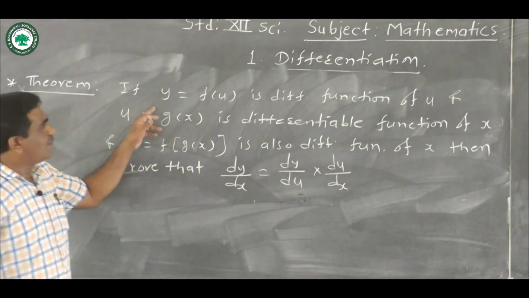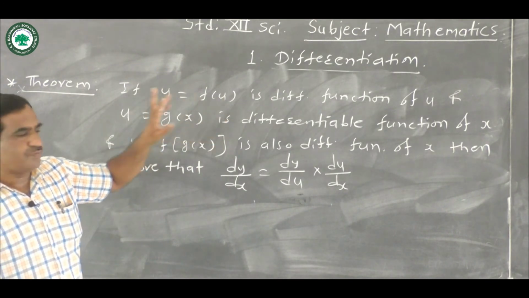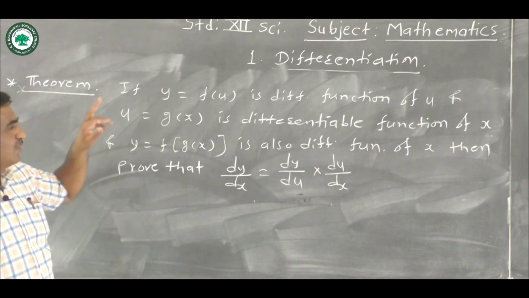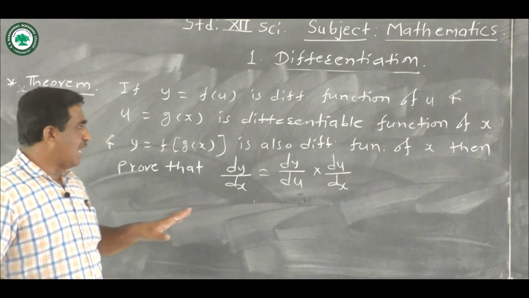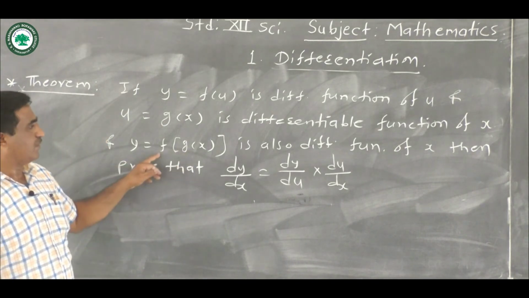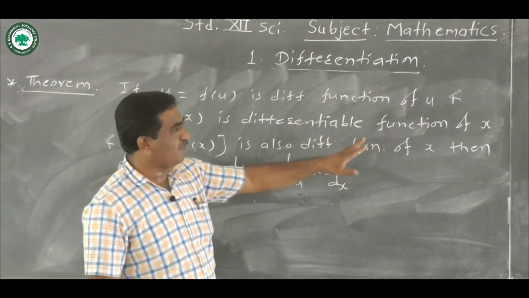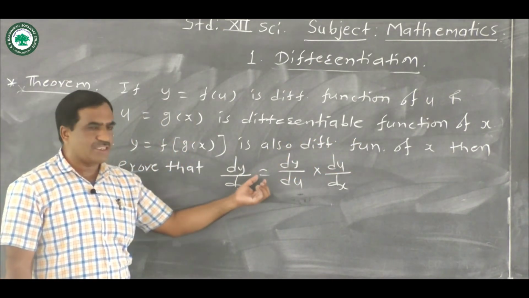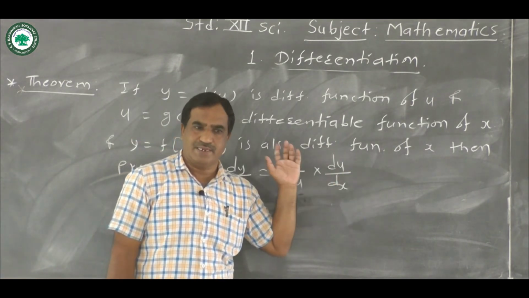That is, y is a function of u, so we can find the derivative of y with respect to u, and u is a function of x, so we find the derivative of u with respect to x, and this is the composite function f composite with g on x, which is also a differentiable function of x. And we have to prove that dy by dx is equal to dy by du into du by dx.